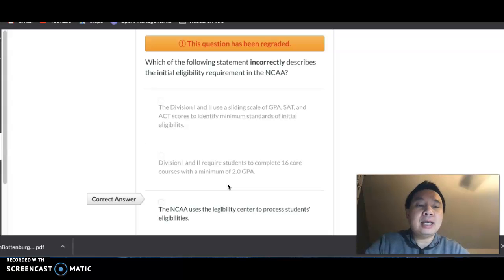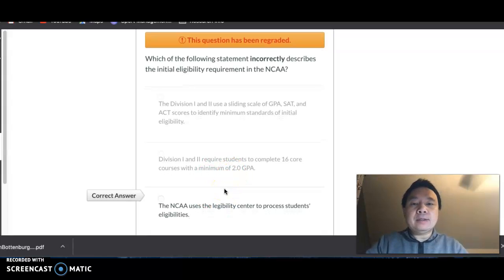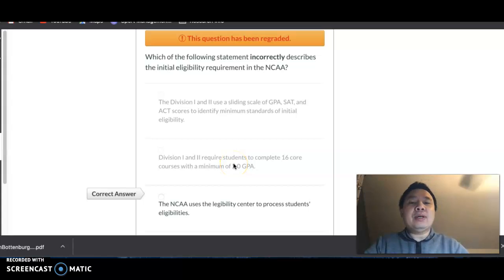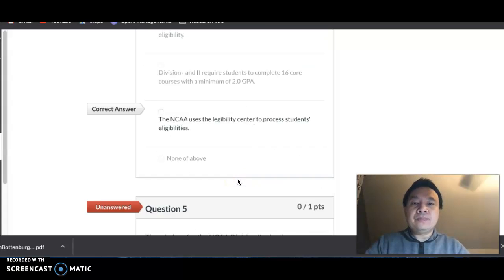The correct statement should be that D1 and D2 require students to complete 16 core courses with a minimum of 2.3 GPA. So this is the incorrect statement. Other statements are correct. If you answered this one, I actually give you the point back, so you can go chat on Canvas to see whether you have any questions or issues on these questions.